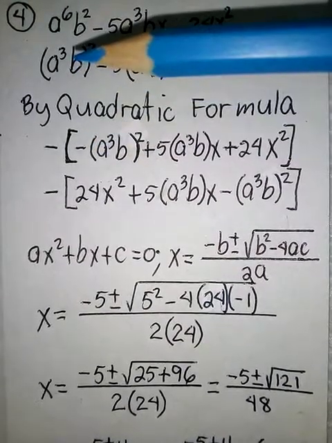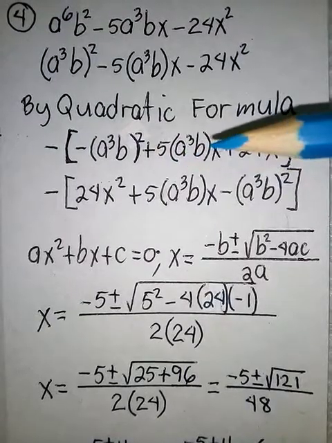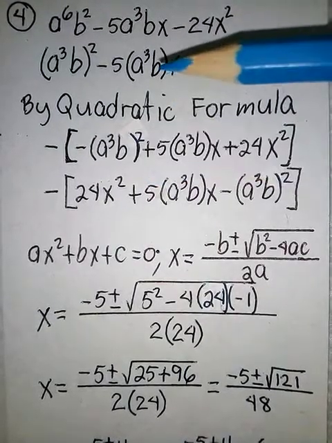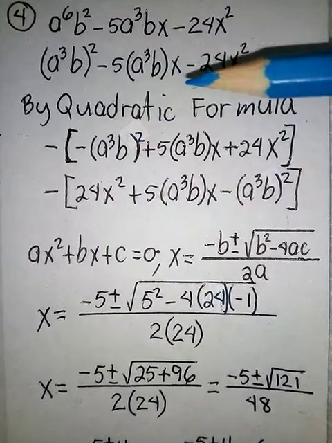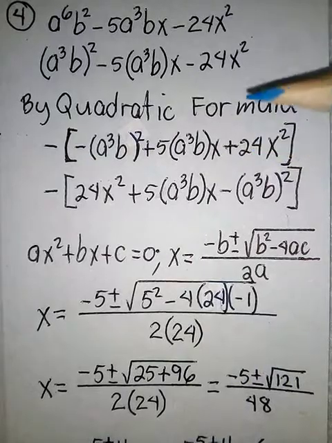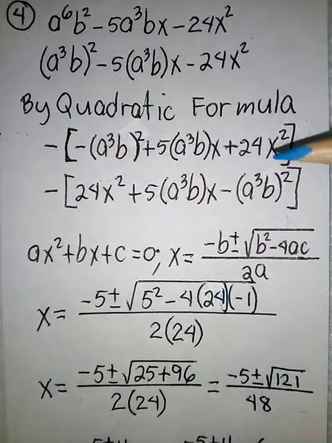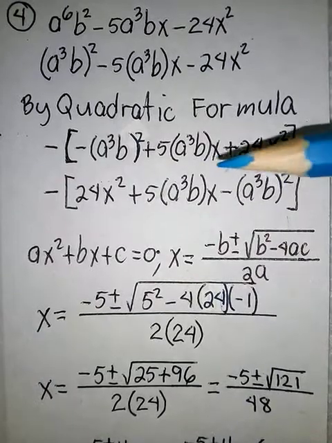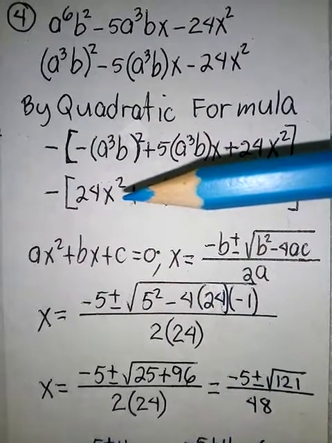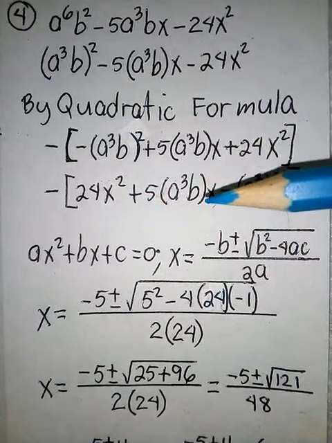And then negative times positive 5, a cube b quantity multiplied by x is negative 5 a cube b x. And then negative times positive is negative 24x squared. And then arrange the first term to be variable x, so we have 24x squared plus 5 a cube b x minus quantity (a cube b) quantity squared.